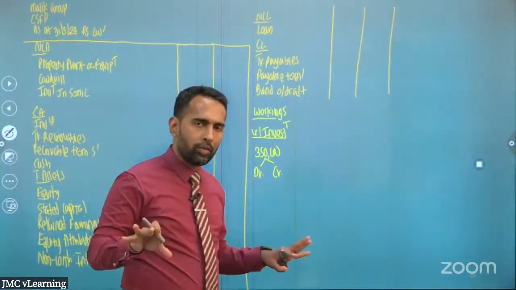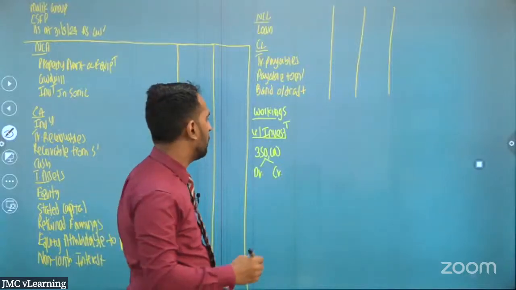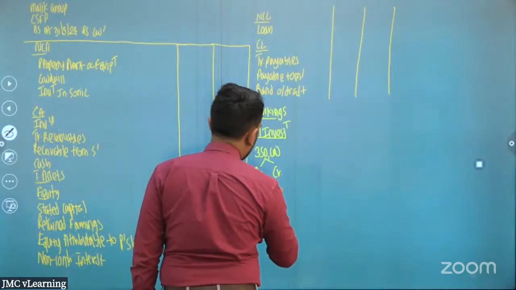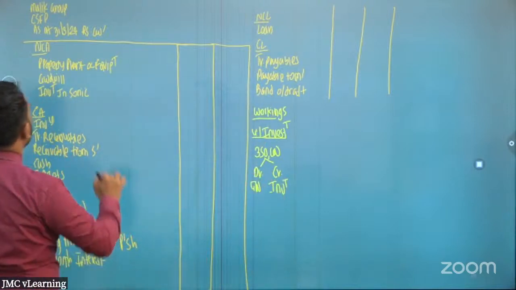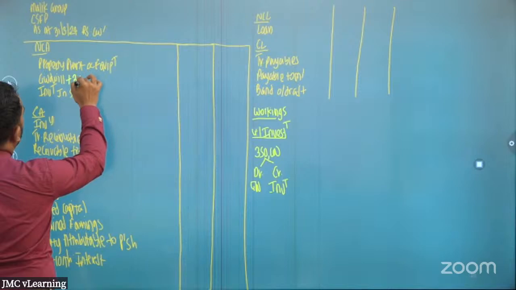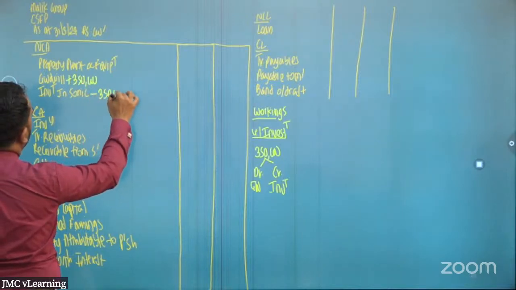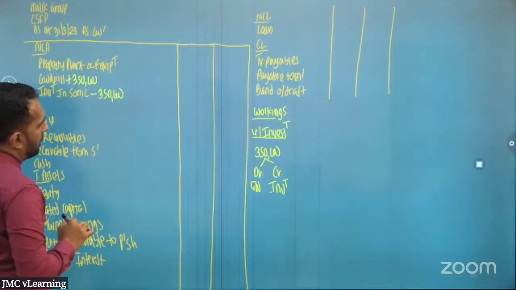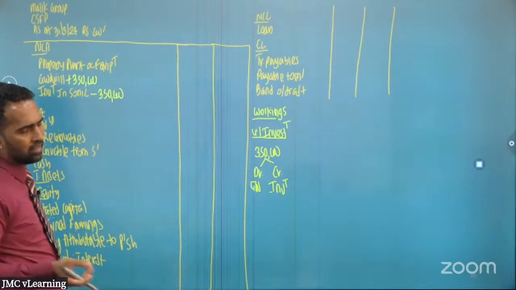Some of you do this through the cost of control account, but at the end of the day you are transferring that to goodwill. So debited to goodwill, 350,000, credited to investment in Sonic, 350,000. Simple as that.